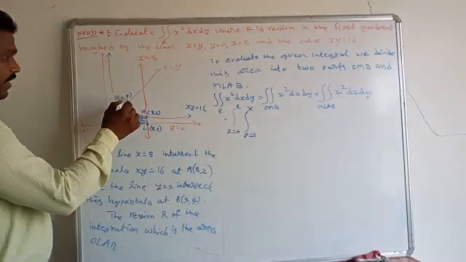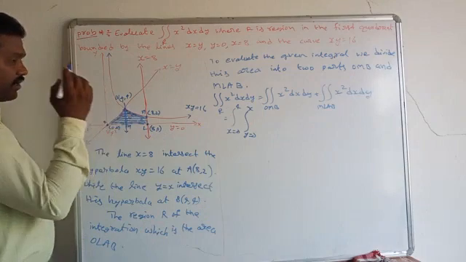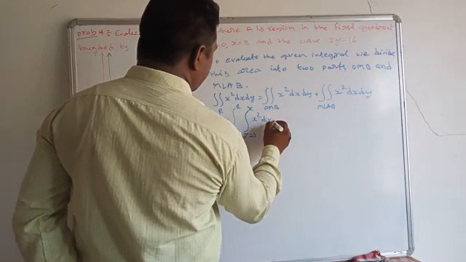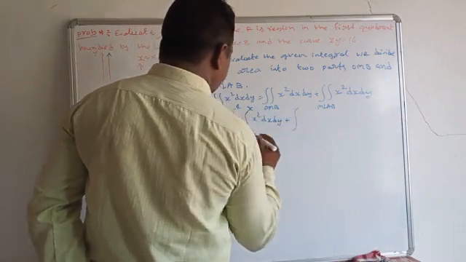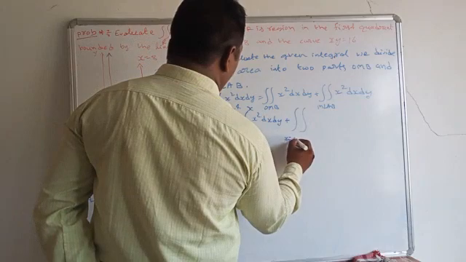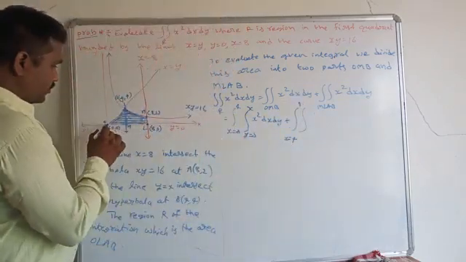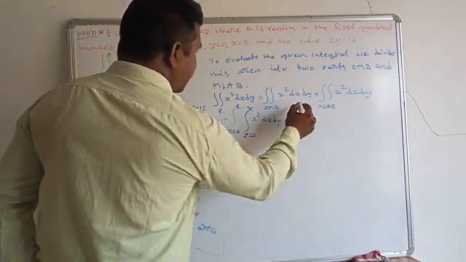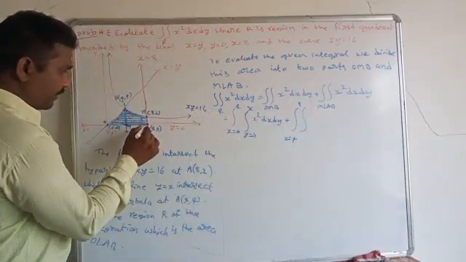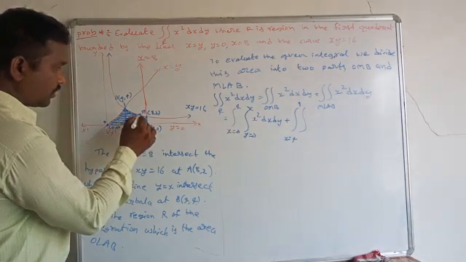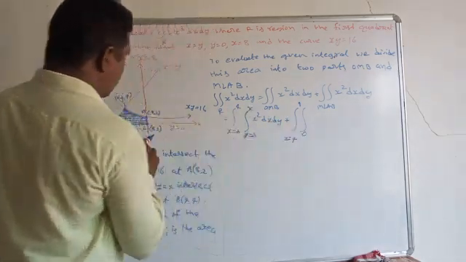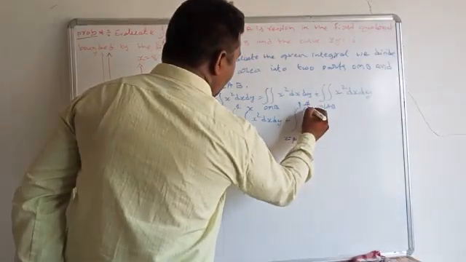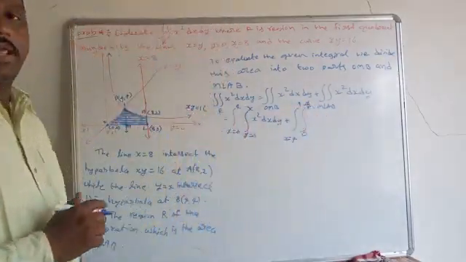In this second region, x varies from 4 to 8 and y varies from 0 to 16 by x, since xy is equal to 16.